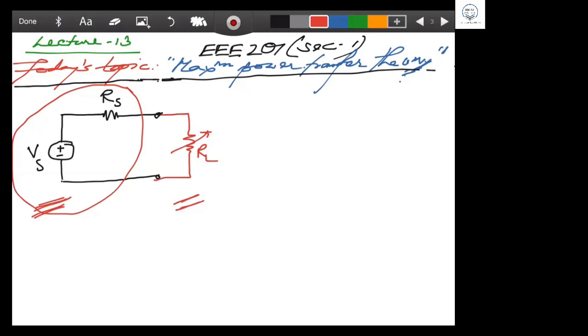So from there, they produce the power, and that power you are supplying to Dhaka city, and we are getting the power at Dhaka city. Our RL is the load we are getting. Transmission line is the Rs. Through the transmission line, the power comes from there to here, for example.